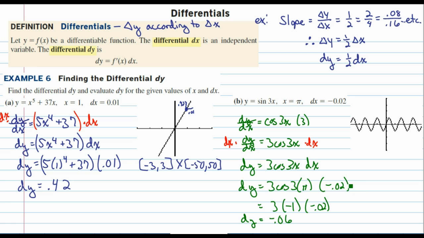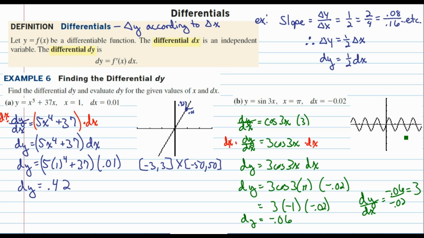Basically, the differential is negative 0.06. In other words, the change in y is negative 0.06 for every change in x of negative 0.02, which is really just a slope of 3. dy/dx at pi is 3.